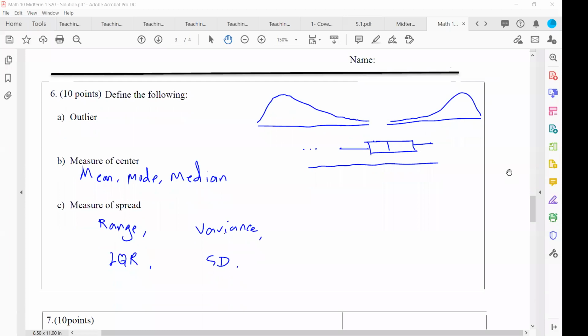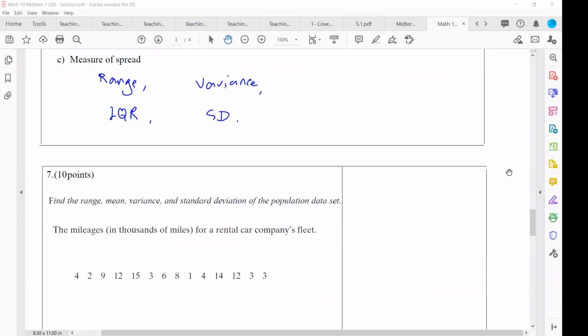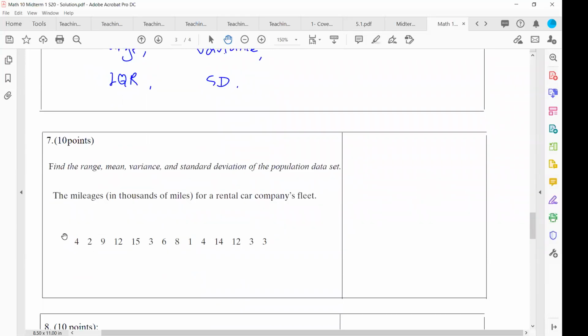Okay, let us move on to the next question. Find the range, mean, variance, and standard deviation of the following collection. Very well.